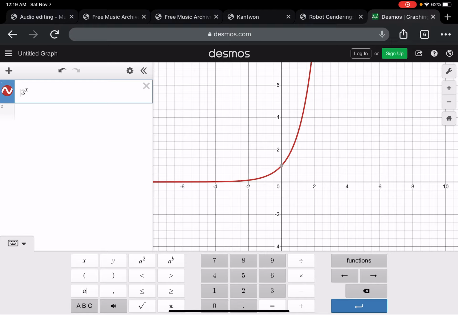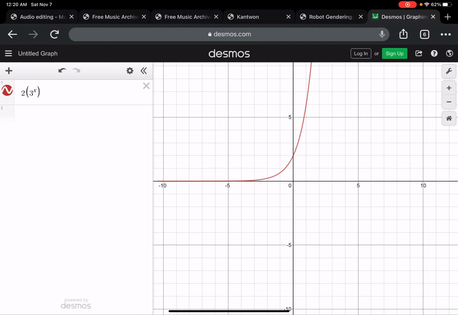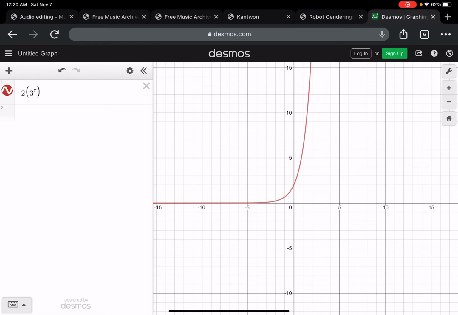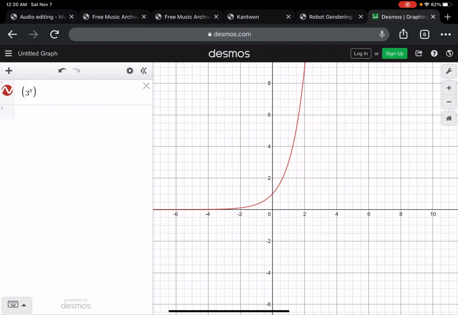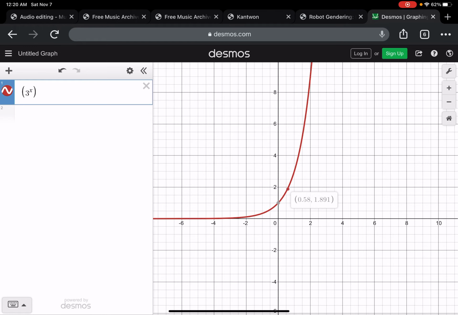All right, now let's see how we can stretch this function. Suppose we had a 2 here. Let's see what that does. So we originally have this, and now we have 2. Let's see what this function is at 1.